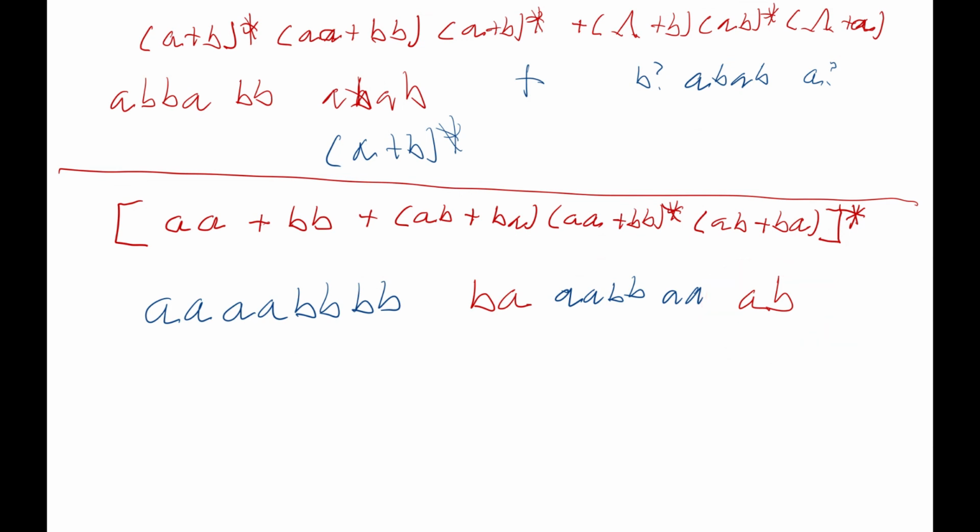Since we require one of these to go odd and require another one of these to go back to even, no matter what we choose, we're always going to add two A's and then two B's. If we go to odd, we're forced to correct ourselves back to even later on. So the book calls this language even, meaning we have an even number of A's and an even number of B's.